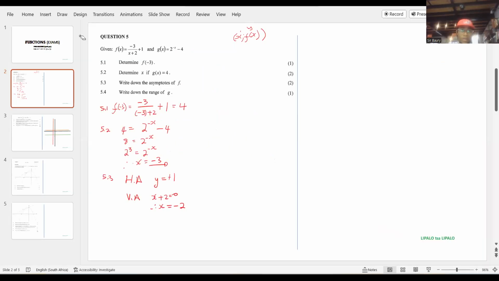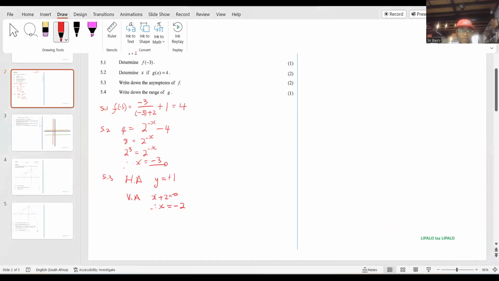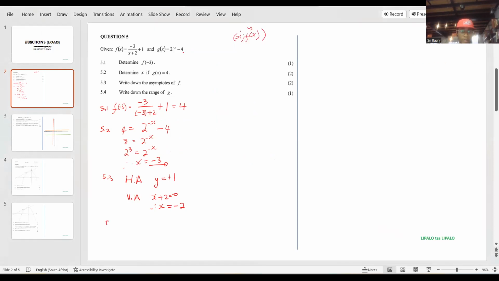Continuing here, let's get to the range of g, question 5.4. If I'm looking for the range of g, I need to know the structure of the exponential function. I have g of x equal to 2 exponent negative x minus 4.